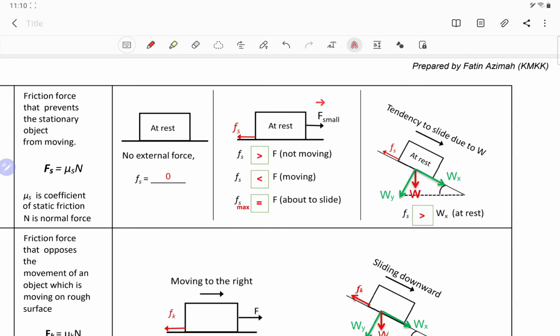If applied force lebih besar daripada static friction, dia akan bergerak. And if the magnitude for both Fs dengan F ni sama, objek tu berada di tengah-tengah, dia hampir bergerak. So, ini adalah nilai maksimum for the static friction. Once the applied force exceeds this maximum static friction, dia akan bergerak.